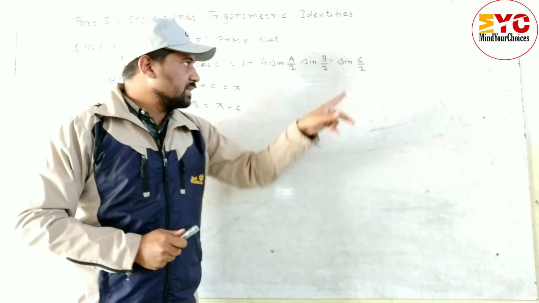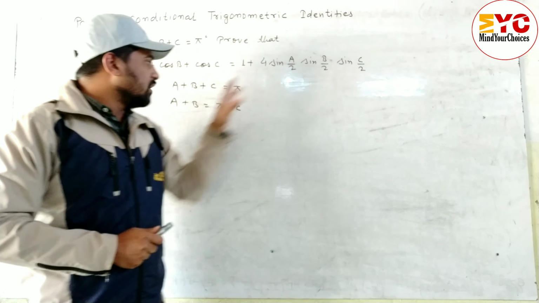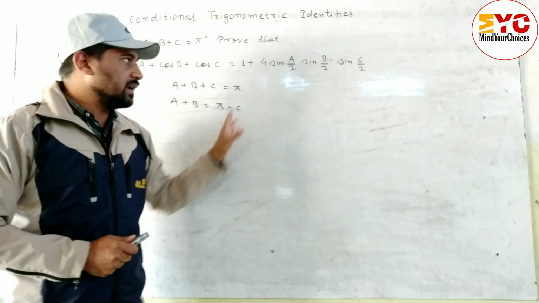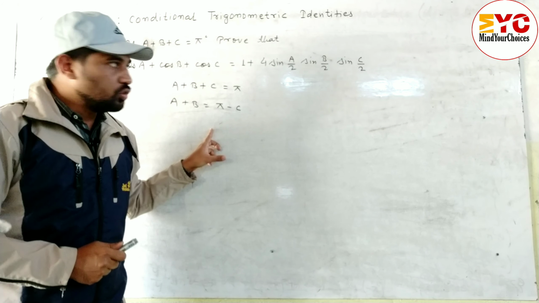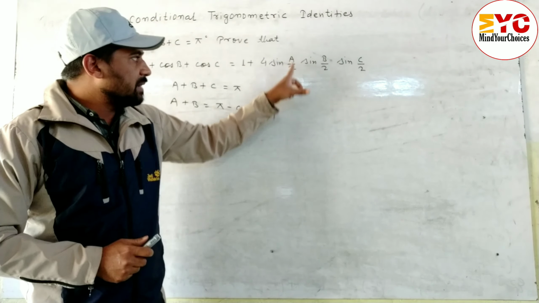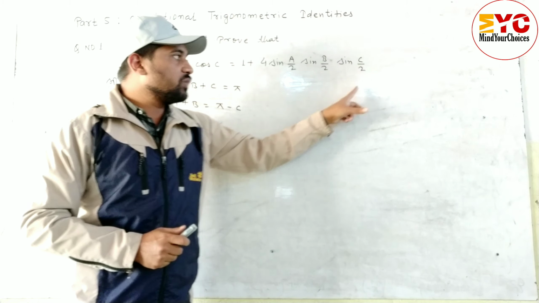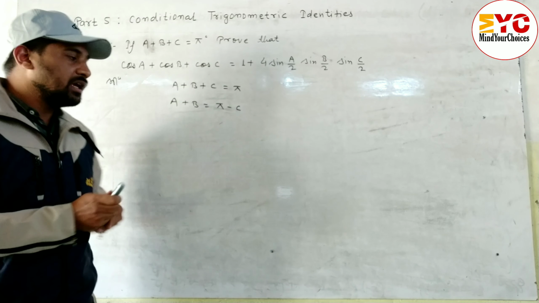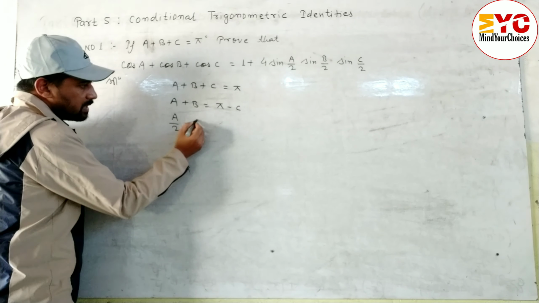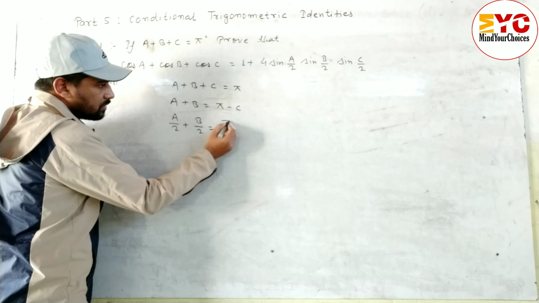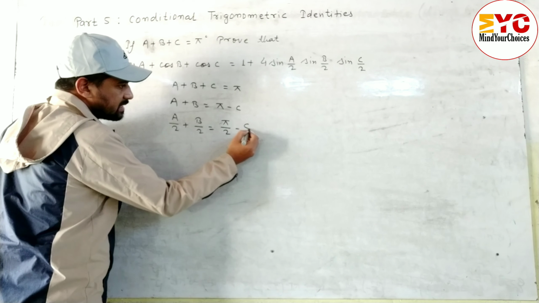If here is a, b, c, no need to multiply, no need to divide. If here is 2a, 2b, 2c, we have to multiply by 2. But what is here? a by 2, b by 2, c by 2. It means we have to divide by 2 here, dividing both sides by 2. So a by 2 plus b by 2 is equal to pi by 2 minus c by 2.